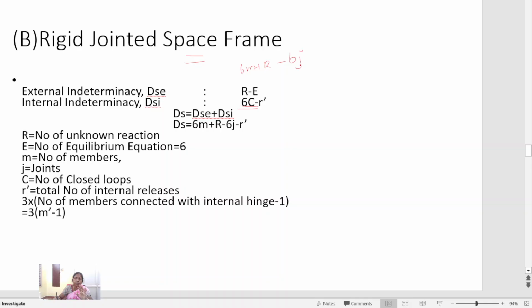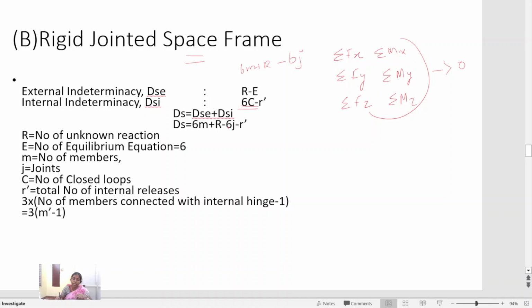One joint will have 6 parameters, that is summation of Fx = 0, Fy = 0, Fz = 0, and summation of moment about x = 0, moment about y = 0, and moment about z = 0. So all three axis components should be considered. That is why it is 6. Summation of Mx, summation of My, and summation of Mz, all 6 equal to 0 for a space frame.